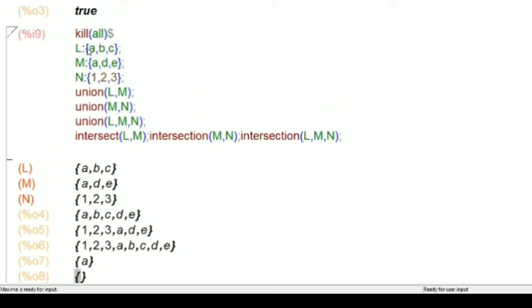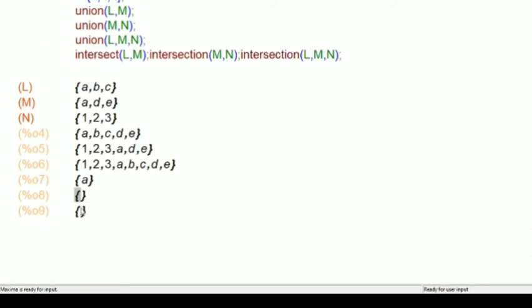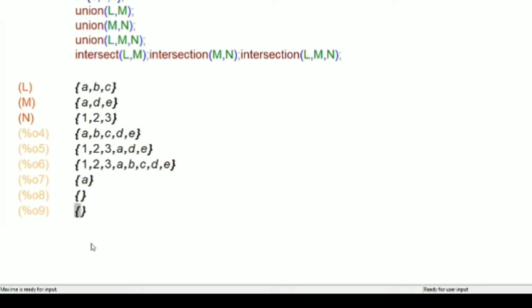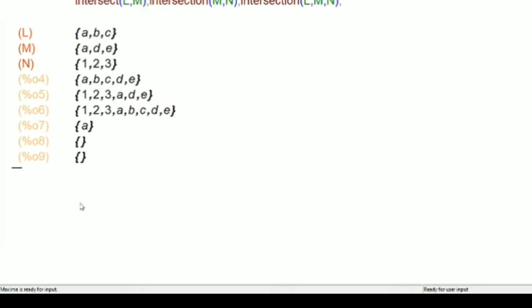That is the common element between L, M, N. Between two of these there is a common element, but that is not present here. So intersection is empty. That is what it is showing. So this is how you can write union and intersection commands. Okay. Next, we have to find the cardinality of the sets L, M, N.